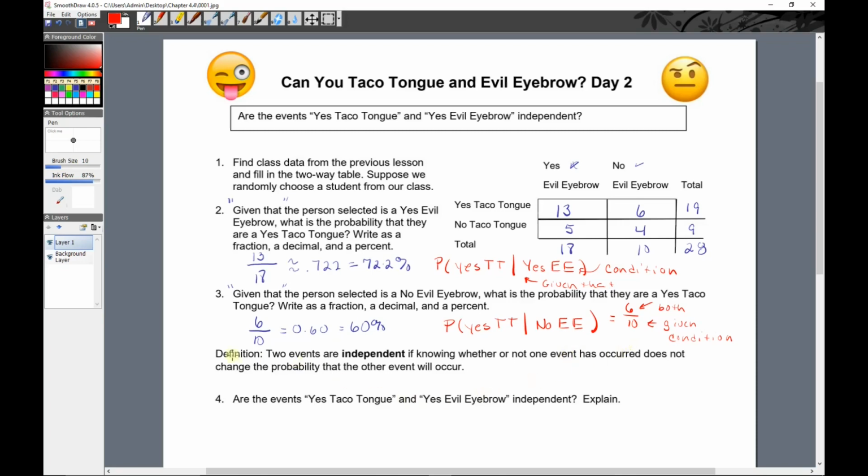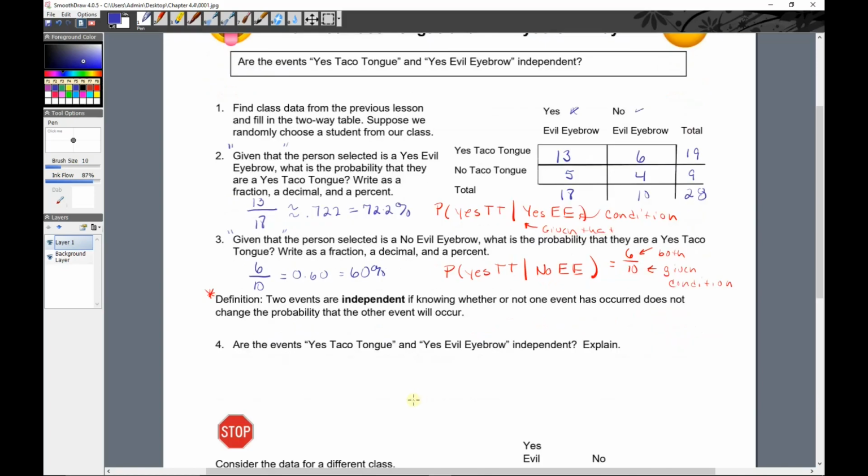So, definition here. Two events are independent if knowing whether or not one event has occurred does not change the probability that the other event will occur. Are the events yes taco tongue and yes evil eyebrow independent?